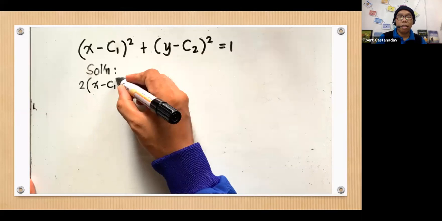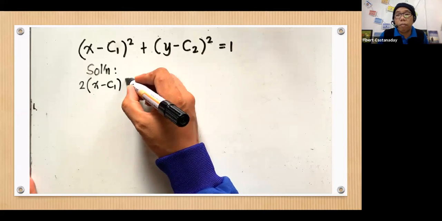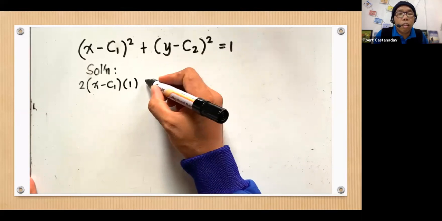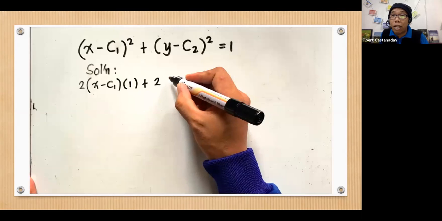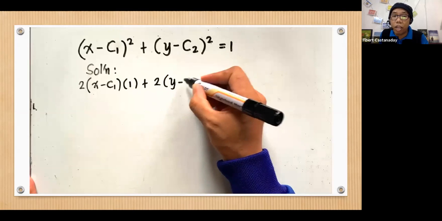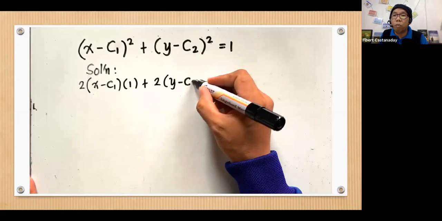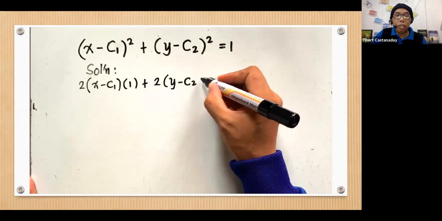Anyway, let's differentiate this dalawang beses. Again, take note that y is our unknown function or our dependent variable. Kaya kapag dinifferentiate mo yung unknown function, makikita mo yung prime na notation dyan mamaya. Okay, now, let's continue.